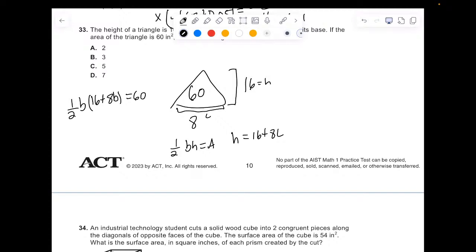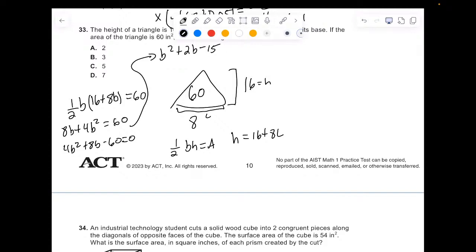And then we have a quadratic equation. Okay. 8b plus 4b squared equals 60. 4b squared plus 8b minus 60 equals 0. I'm just going to divide by 4 on all of these. b squared plus 2b minus 15 equals 0.